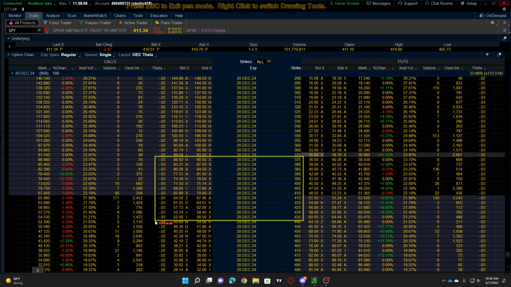Even more than that, 435. So all of those are the same theta. And that's the largest amount of theta in that time frame. Okay, and then it goes from a 3 to a 2 on each side.